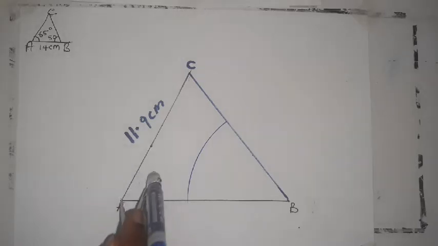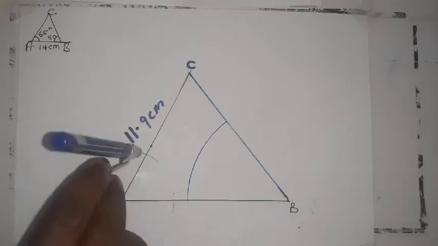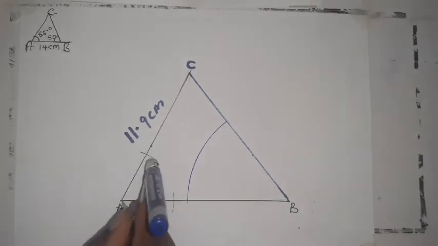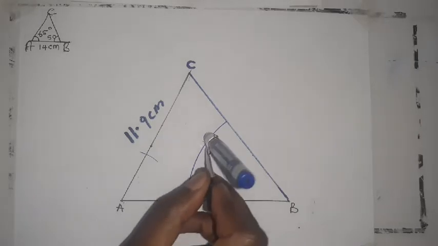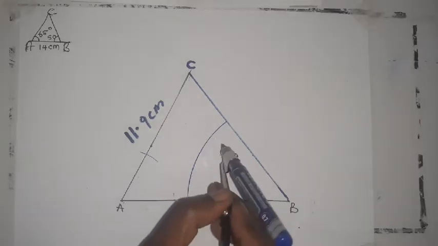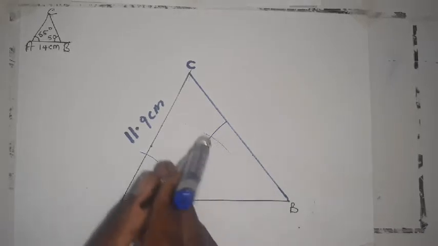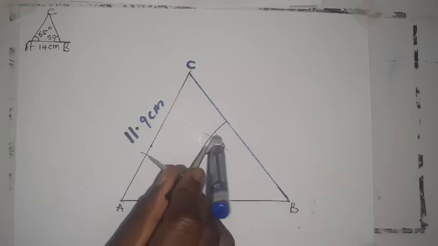So how do we bisect this angle? We need to do the following. We draw an arc here and another arc here. Are you following? Then we use these arcs to draw another. Somewhere here, you draw this arc, then you shift without adjusting it, you draw another arc here.